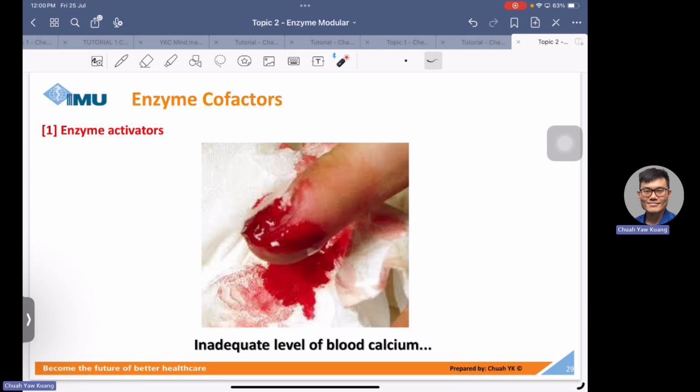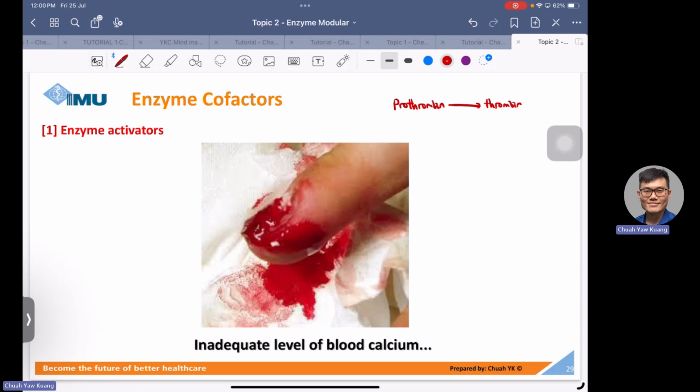So why? Because of the enzyme, thrombokinase. I think you have learned this in secondary school, but I'm not sure whether you still remember. The prothrombin, which is a protein inside your blood plasma, will be converted to thrombin.